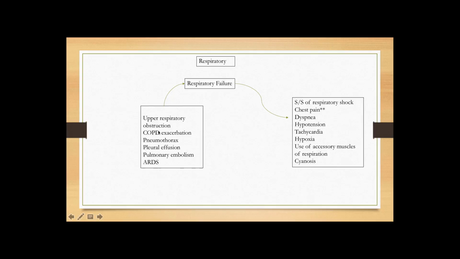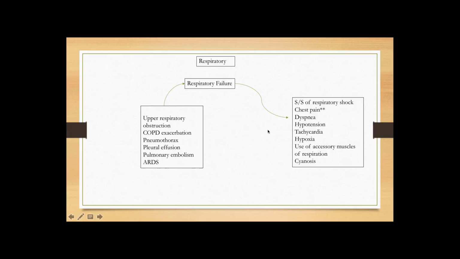All of these things can be very self-limiting, very benign, easily treatable with intervention or medicines. But if they don't go in the right direction, or the body does not compensate, people can go into respiratory failure from basically all of these.